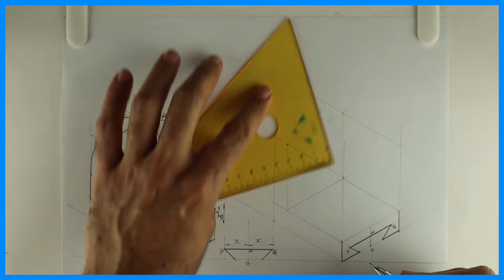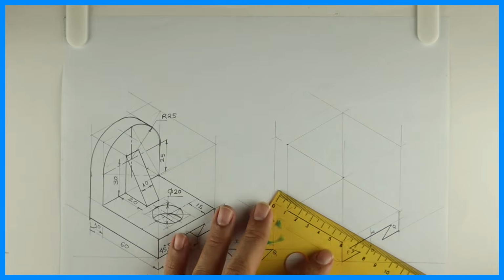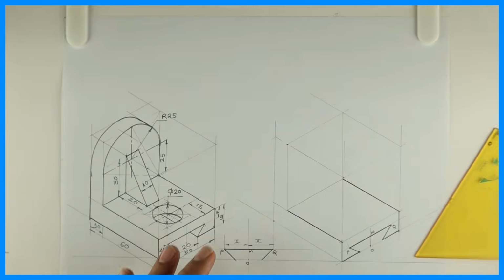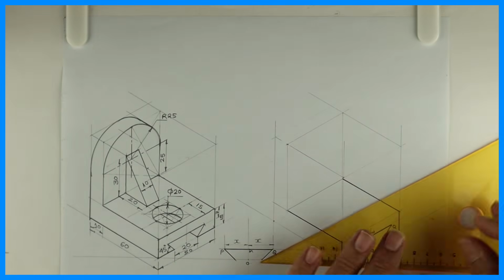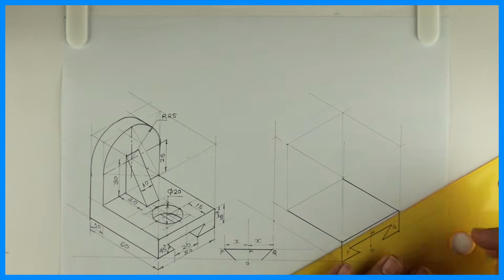Now this line will be dark. See this. This will be also dark.